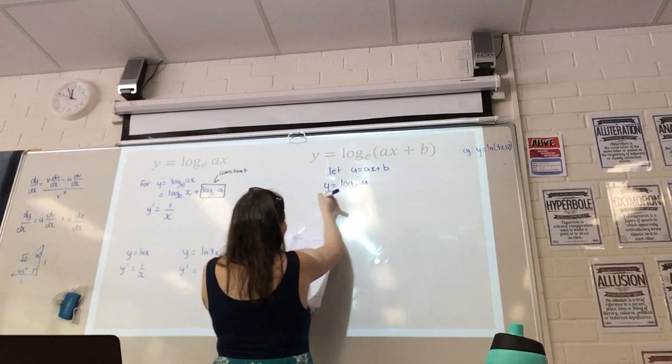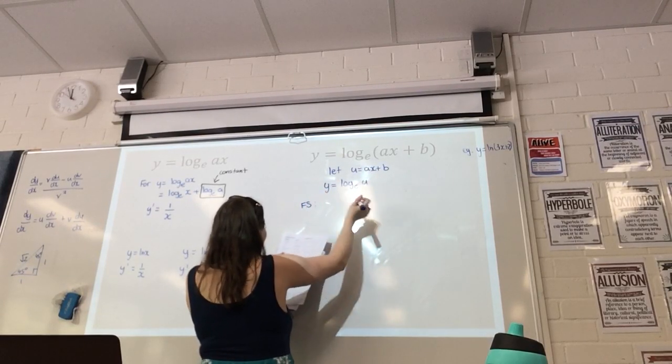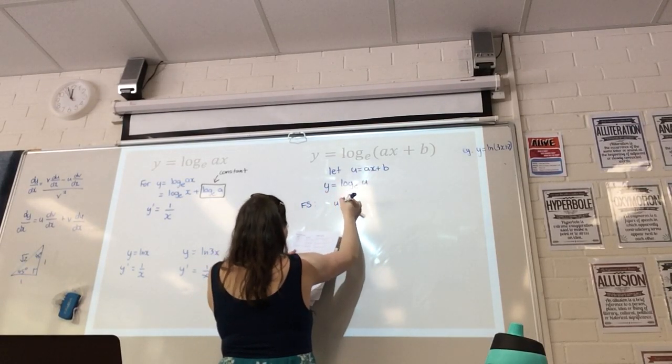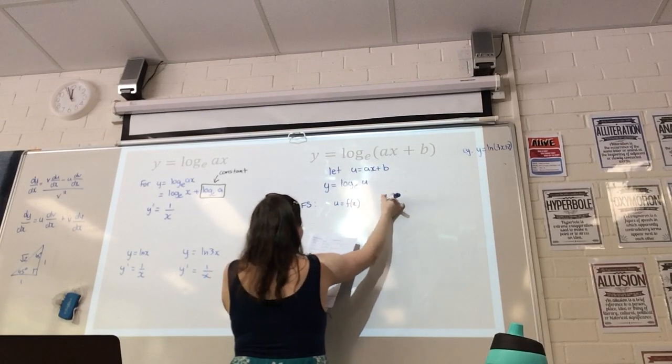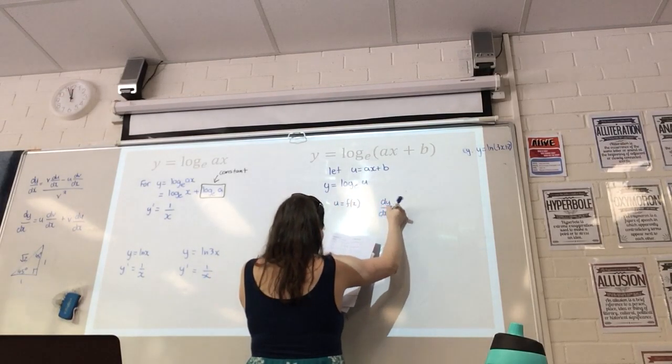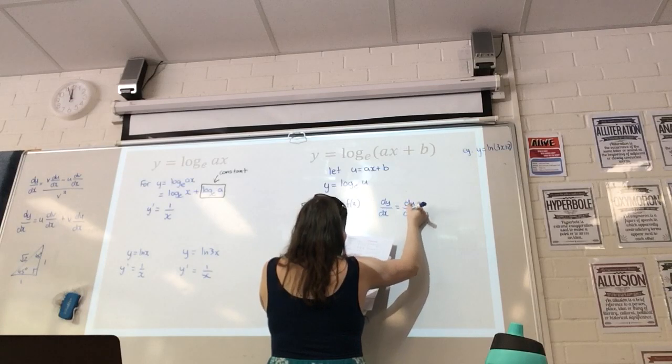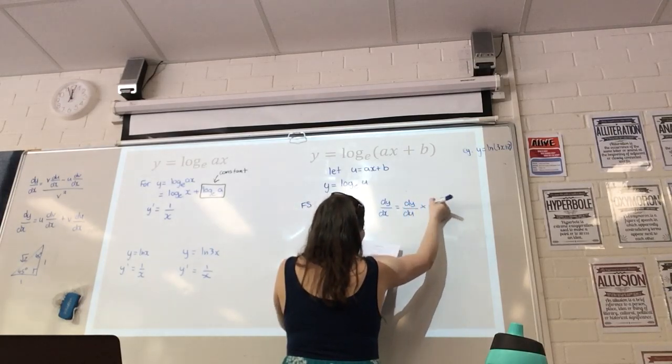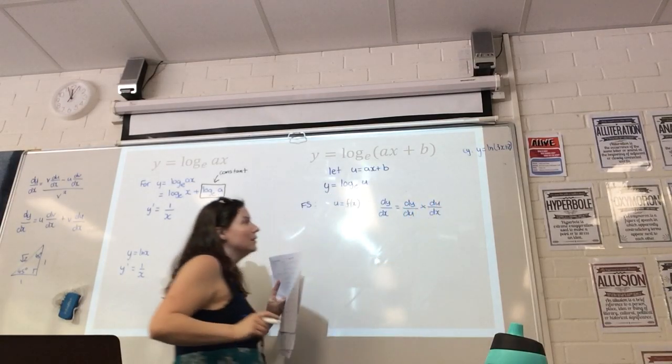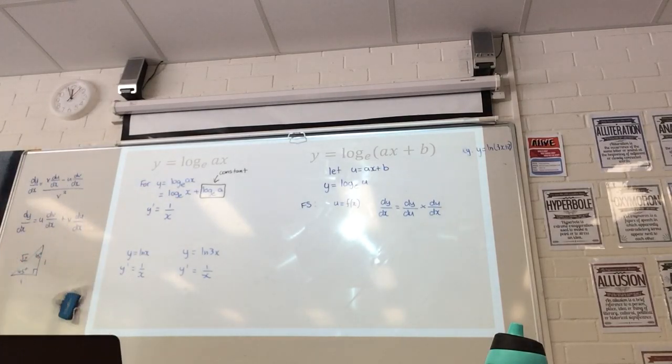So this is from the formula sheet that if u is equal to f of x, dy on dx is equal to dy on du times du on dx. So I don't want you to be particularly worried about this, particularly if you're just doing advanced, because it's not something that you particularly need to use.